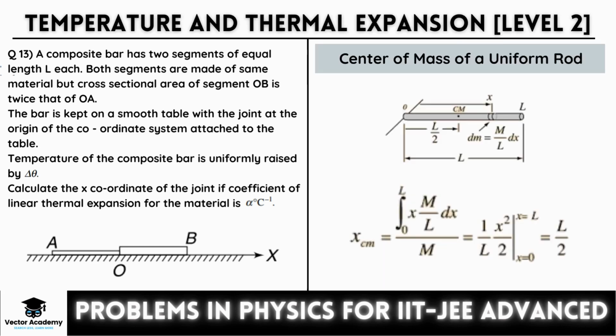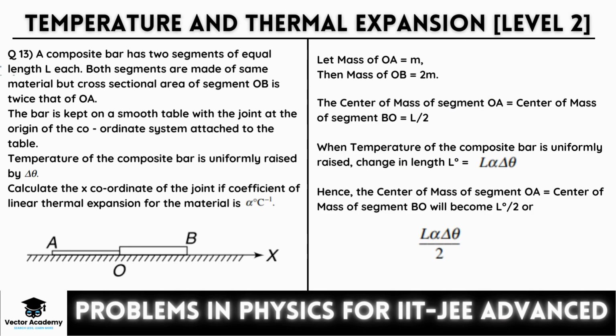The center of mass of a uniform rod is L divided by 2. Let mass of OA equal m. Then mass of OB equals 2m. The center of mass of segment OA equals center of mass of segment BO equals L divided by 2.